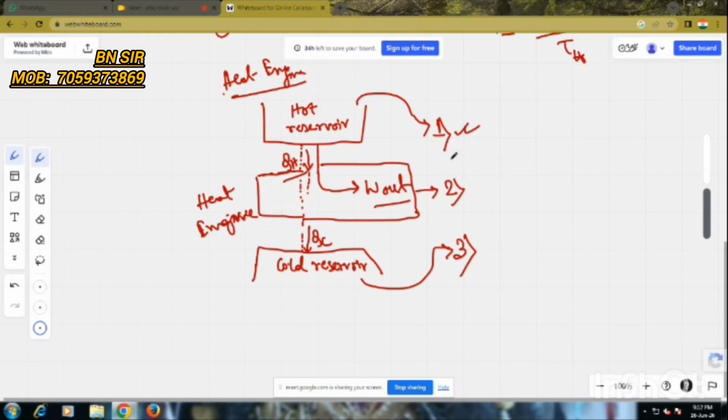Step 1, step 2 and step 3. In the first step, QH amount of heat is taken out from the hot reservoir.